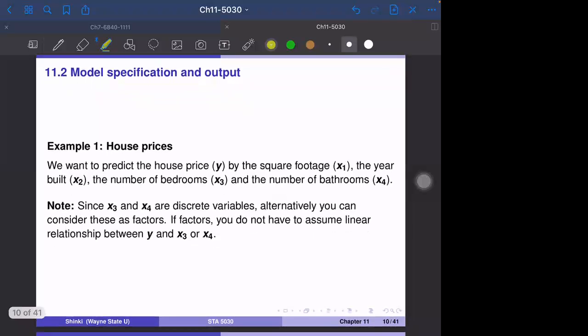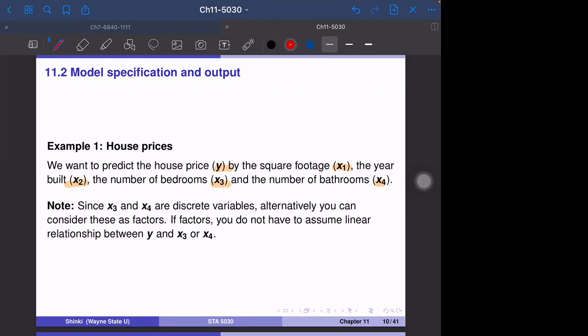For example, we want to predict the house price by the square footage, the year built, the number of bedrooms and the number of bathrooms. Then the price is y, and the square footage, year, bedrooms and bathrooms are x1 to x4. x3 and x4 are discrete variables, so you cannot have 2.3 bedrooms.